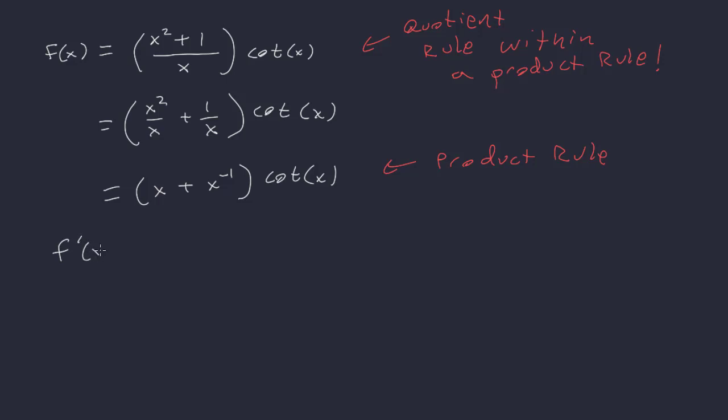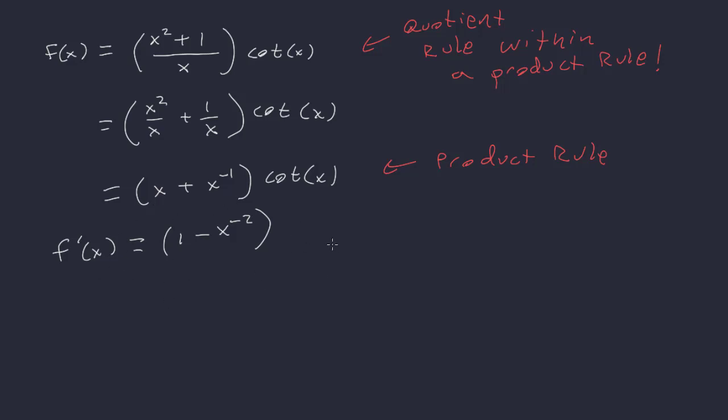So f prime will be the derivative of the first guy, which will be 1, then minus x to the negative 2. So remember here, you bring the negative 1 down, so that makes it a minus 1, and then it's negative 1 minus 1. I know we're so used to just reducing that number, but keep in mind if you have a negative exponent, it's going to look like it's going up.